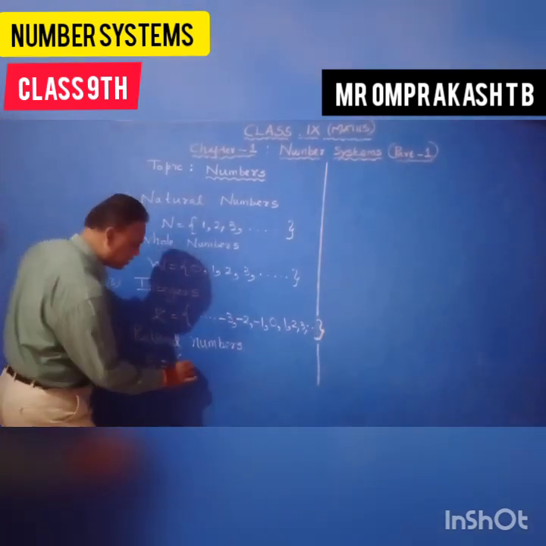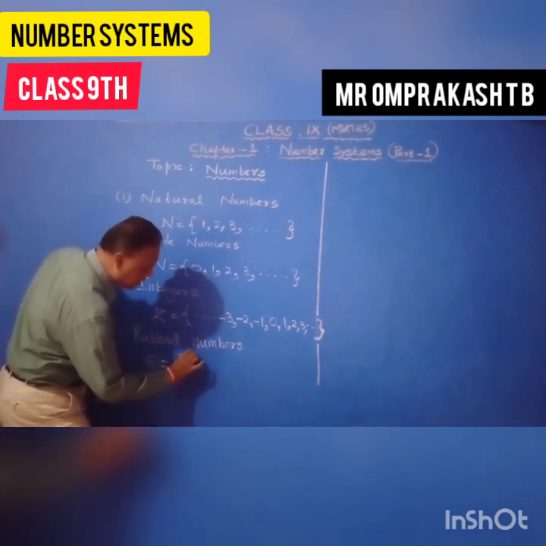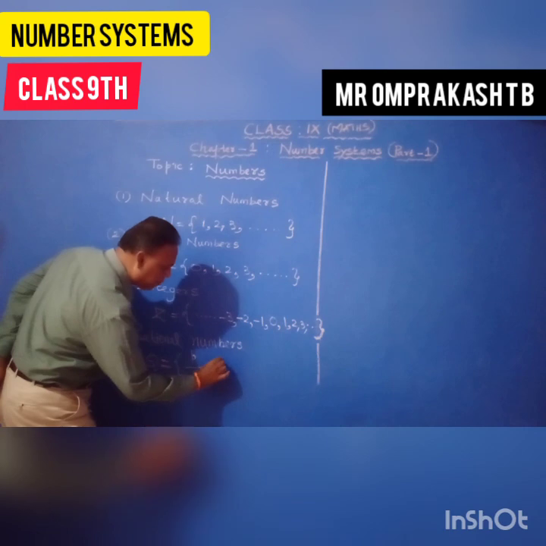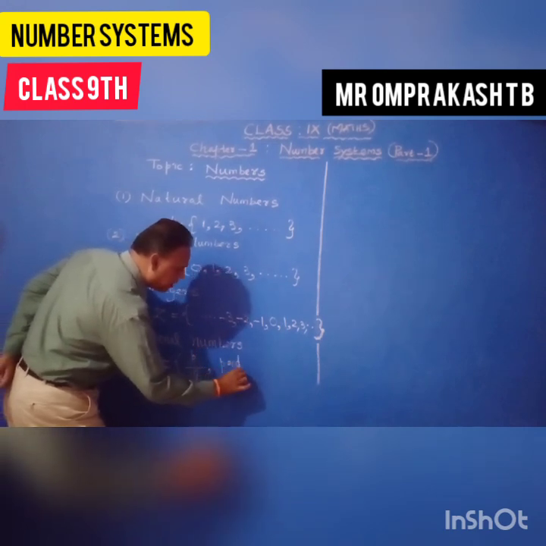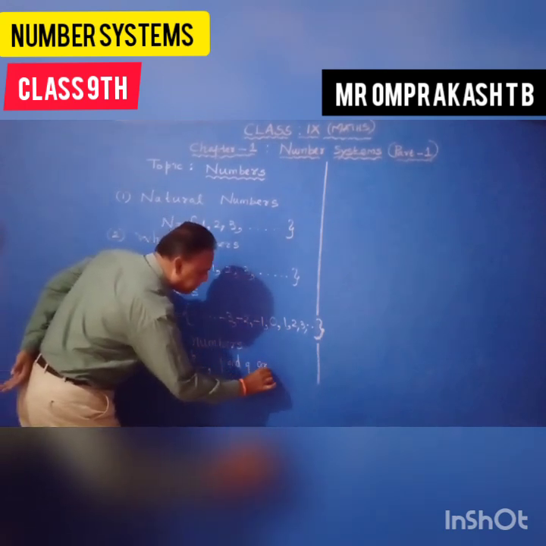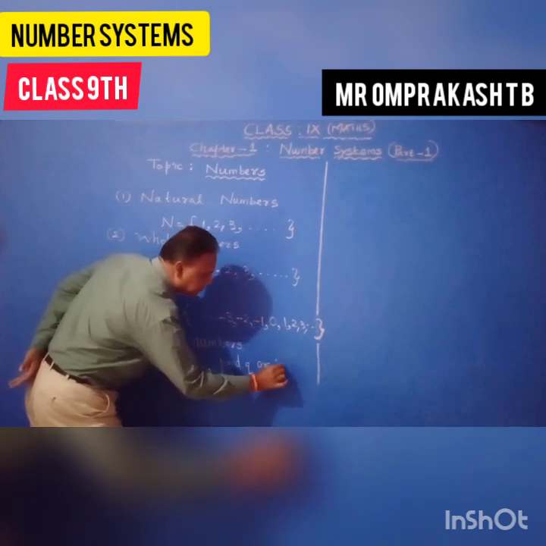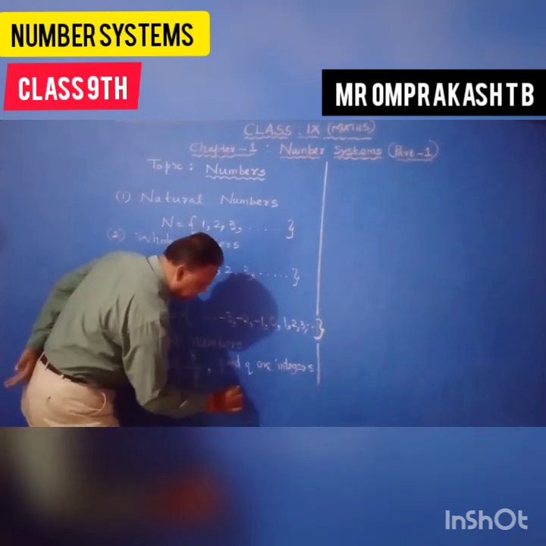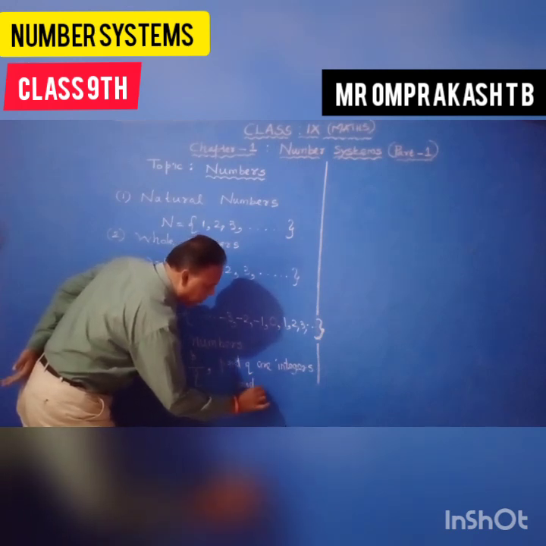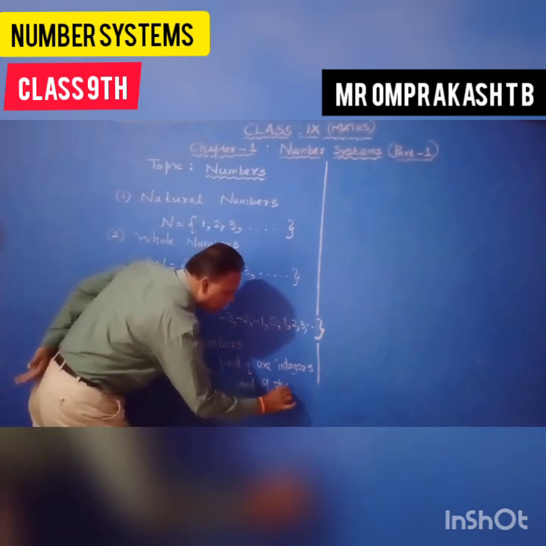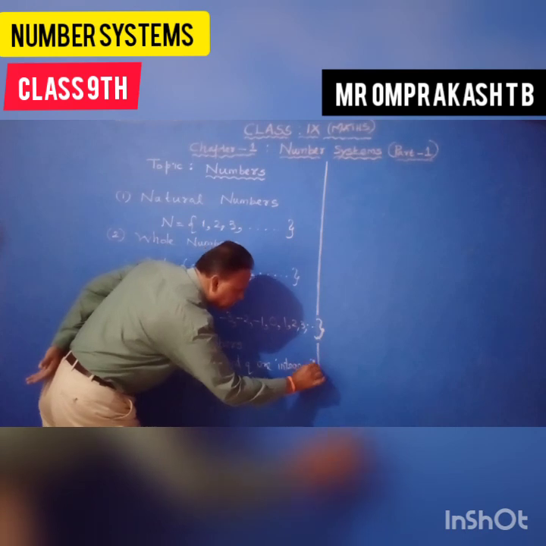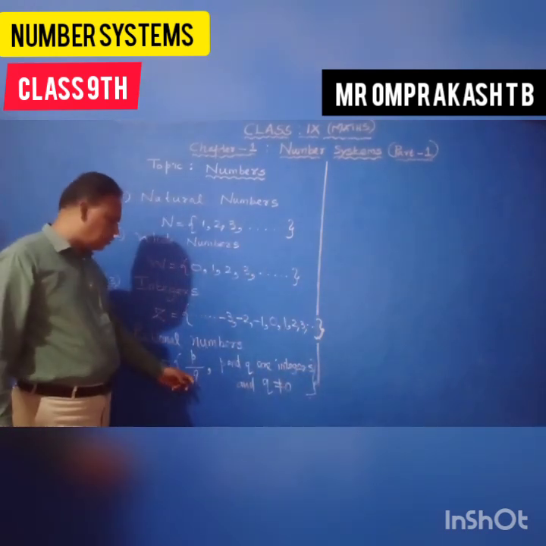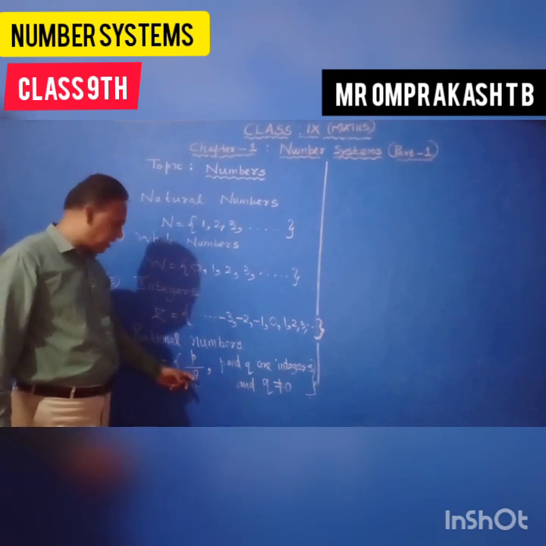So capital Q is nothing but the set of all P by Q, where P and Q are integers and Q not equal to 0. The denominator is always not equal to 0 because division by 0 is not defined.